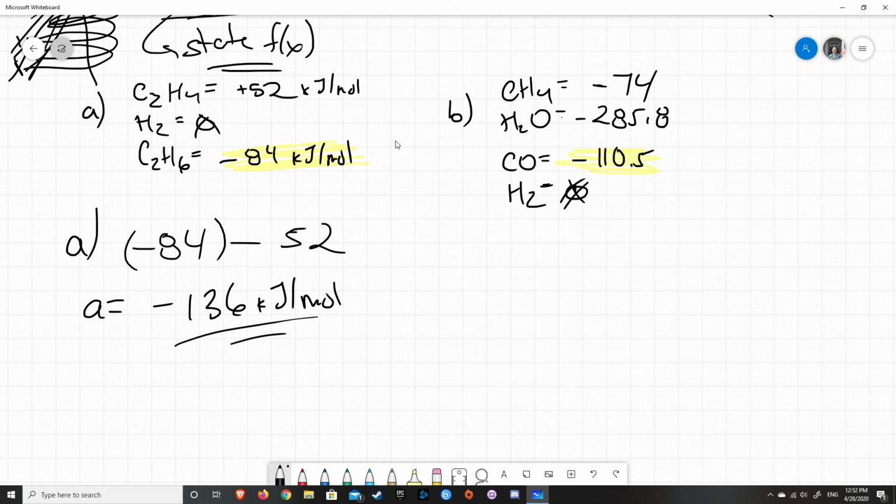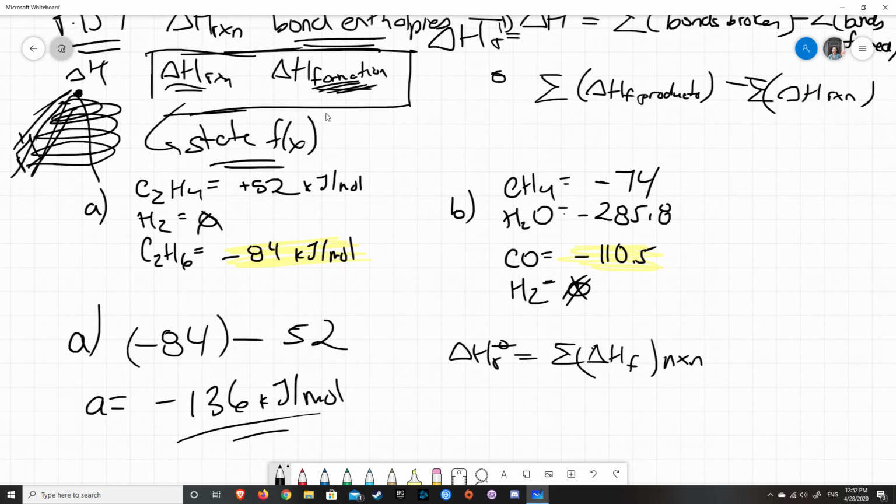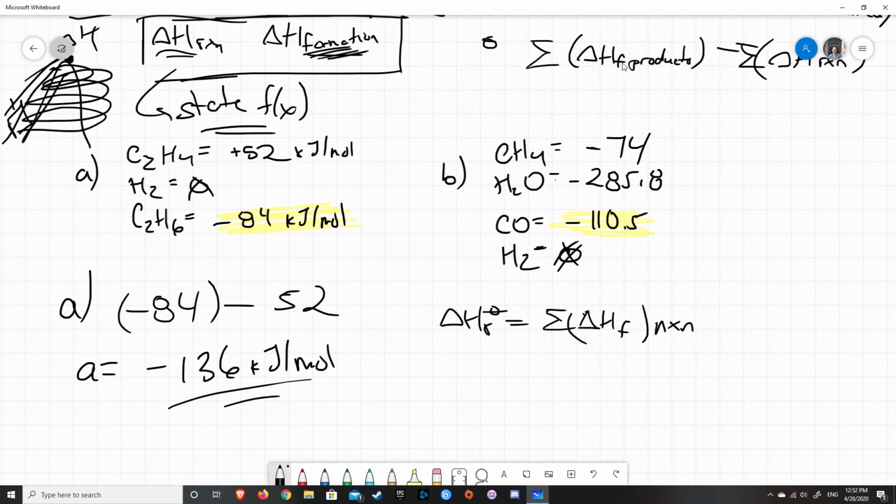And let's look at the other one. So we've got delta H of reaction is equal to the sum of delta H of formation of our products minus the sum of the delta H of formation of the reactants.